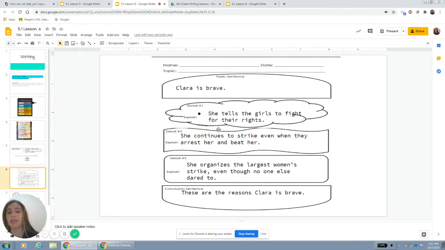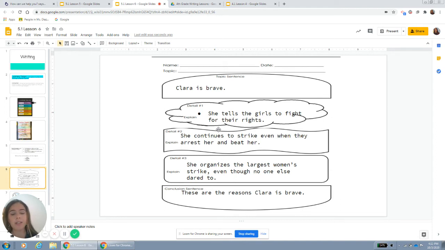So my topic sentence is Clara is brave. Okay? My first detail or my first piece of evidence, she tells the girls to fight for their rights. My second piece of evidence was she continues to strike even when they arrest her and beat her. And number 3, she organizes the largest women's strike even though no one else dared to.